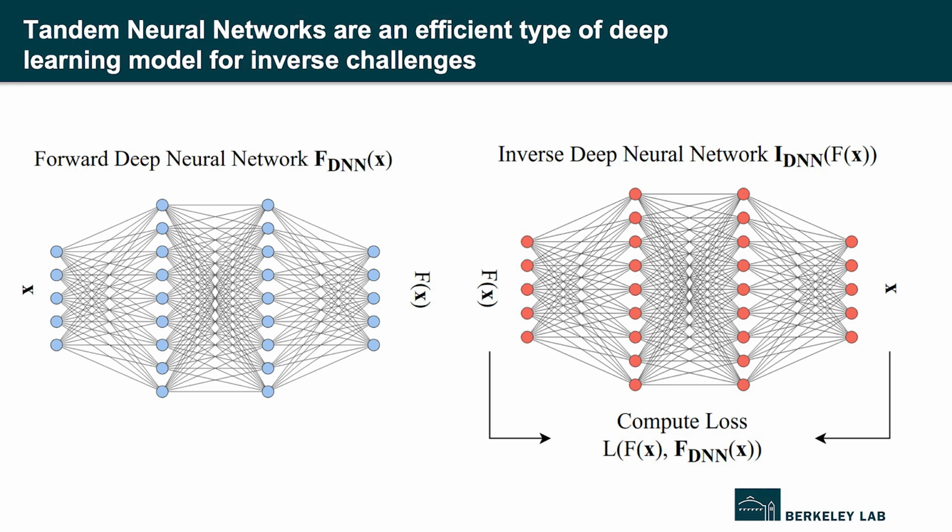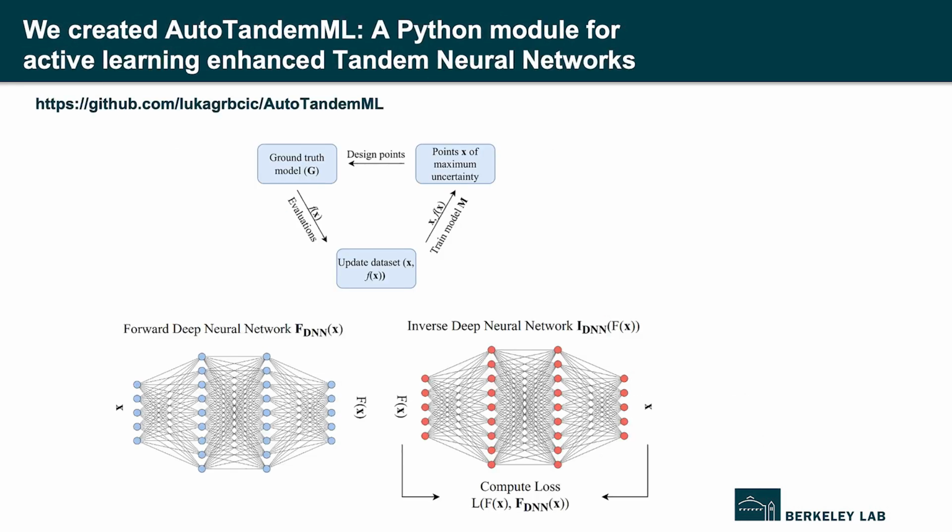Okay, so we created this software framework that combines the efficient data generation part with active learning, and then we do the automatic tandem neural network generation, essentially with some architectural searches, like with some optimization here. The neat part is that the user just needs to have some kind of connection to their experiment or their simulation through a simple Python function.